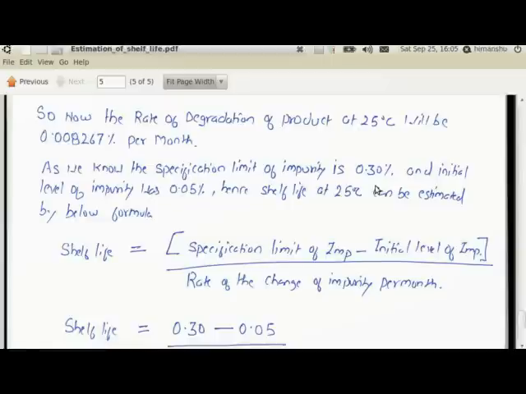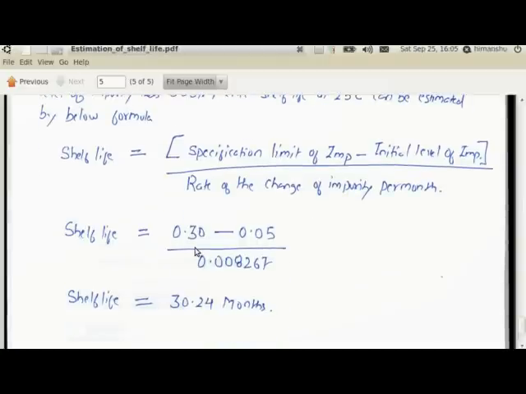Moving ahead, as we know, the specification limit of the impurity is 0.30, which we have already set in our specifications. The rate of the change we know, and the initial level of impurity we have, so the shelf life of the product will be the specification limit of the impurity minus the initial level of the impurity divided by the rate of the change of impurity.